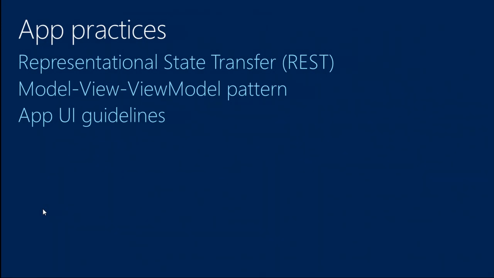And I'm going to suggest to you that the best way to do it is to use this model view model pattern that I'm going to present for you. And then finally, we're going to talk a little bit about the app UI guidelines. I'll show you how to make sure your app looks like the farm that's hosting it, so it doesn't look like some garish thing that doesn't belong in there and shocks people when they launch it.